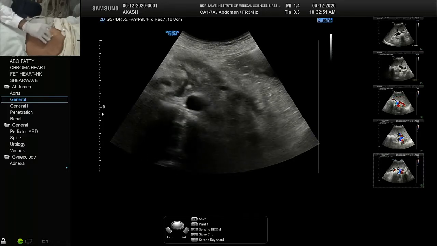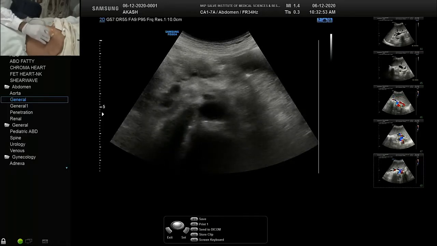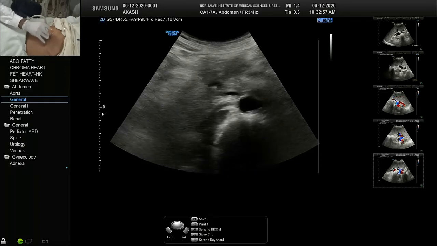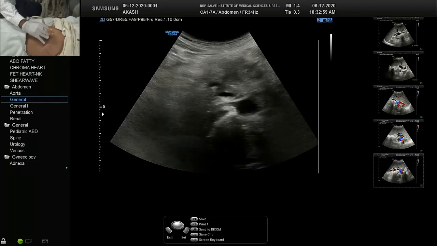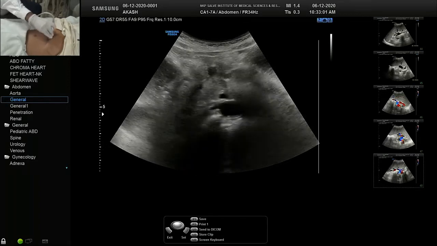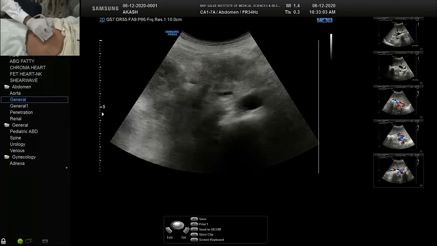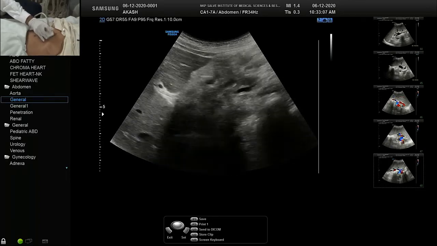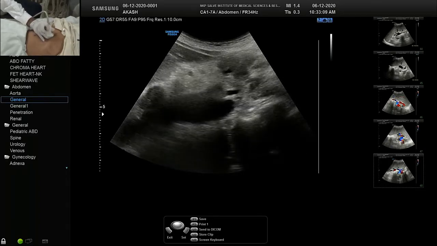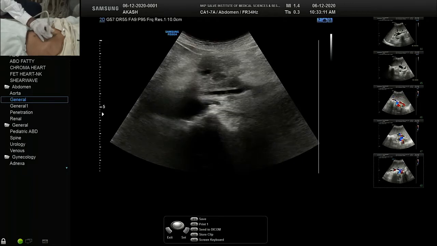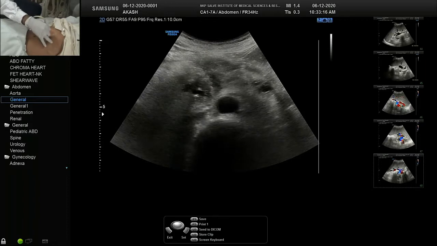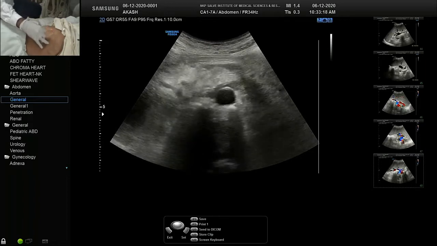You can see throughout, head, body, tail, there are small anechoic areas in the pancreas. So this could be a chronic pancreatitis. There are a few channels there.